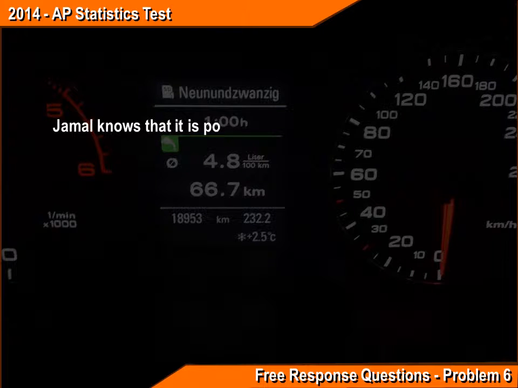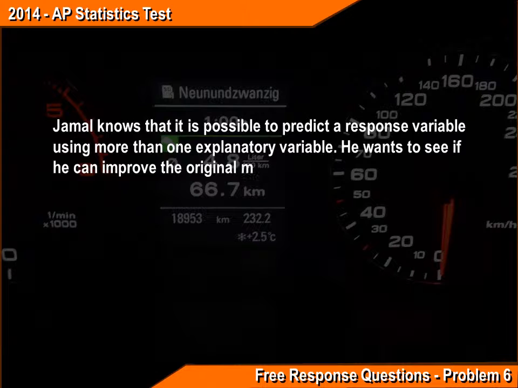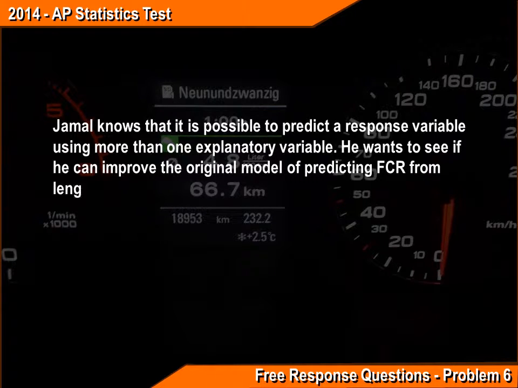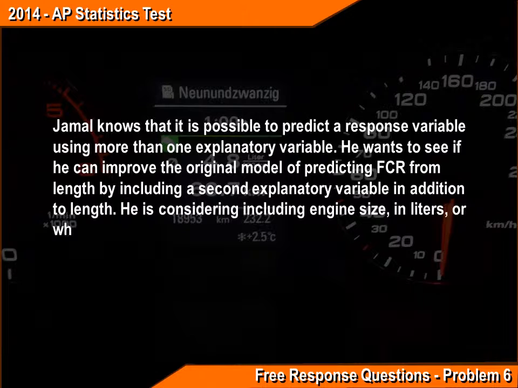Jamal knows that it is possible to predict a response variable using more than one explanatory variable. He wants to see if he can improve the original model of predicting FCR from length by including a second explanatory variable in addition to length. He is considering including engine size in liters or wheelbase, the length between axles in inches.